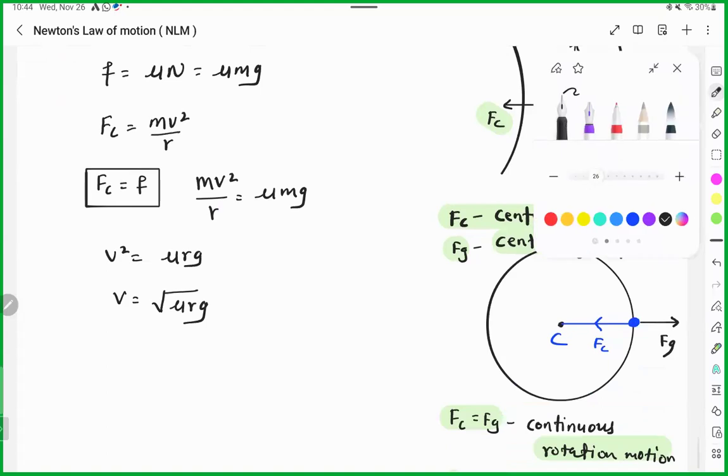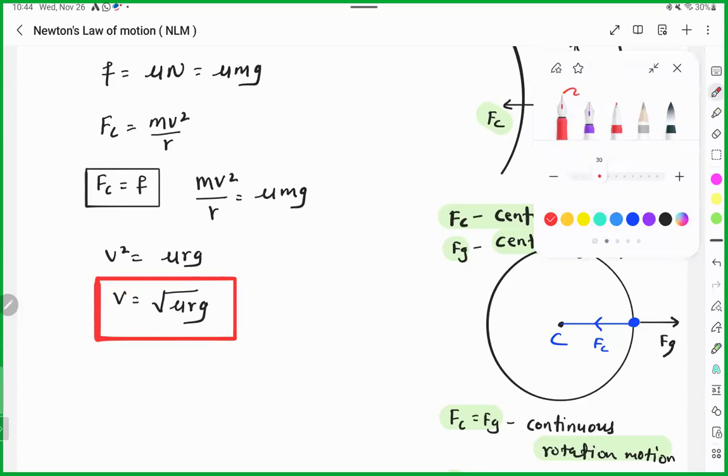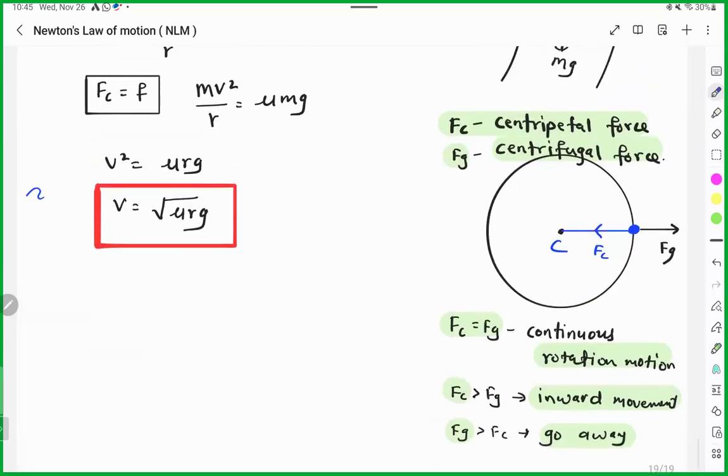Okay, very, very, very important. v is equal to √(μrg). So in this case, this is the maximum velocity with which this vehicle can move and it will not slide.